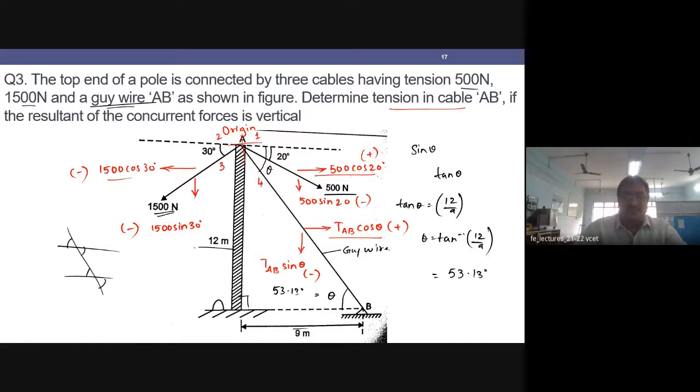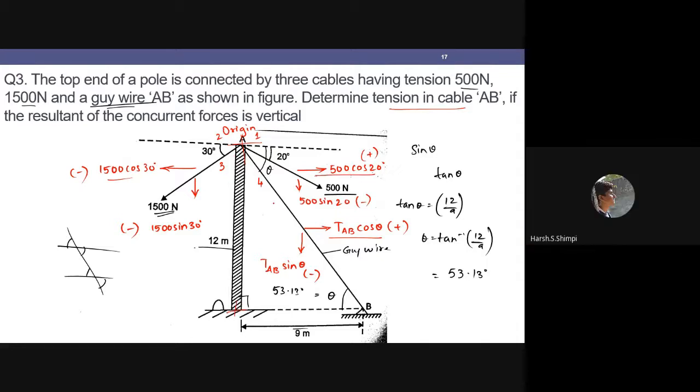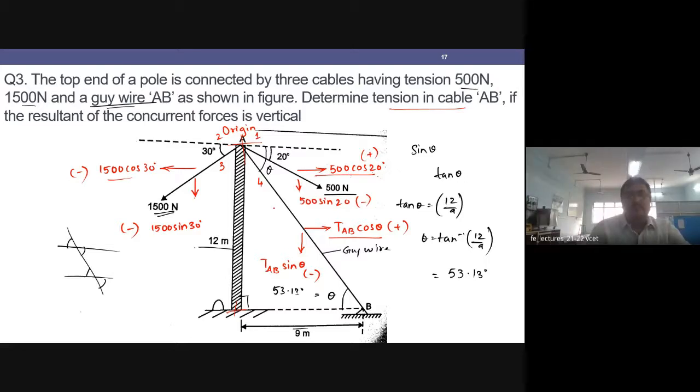By shifting the origin of the coordinate system to A, I am making it easier for myself. Otherwise, if I keep my coordinate system somewhere else, think about what you will have to do for each of those points and sign conventions. So the easiest option is to shift the origin to the point of concurrence.